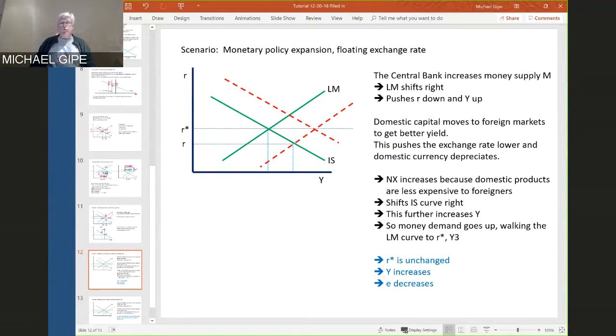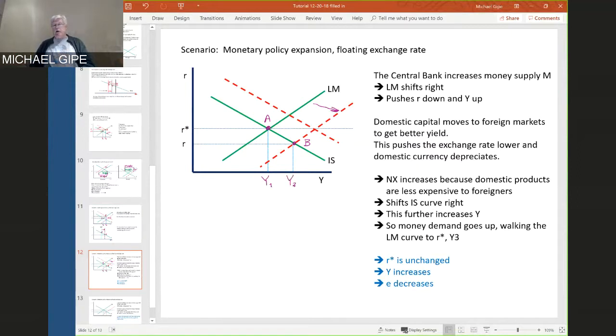That is, the central bank will increase the money supply, M, and as we saw before, the LM curve shifts to the right. That would tend to push R down, so we would move from where we started here in equilibrium down to point B, some new lower interest rate and a higher output, from Y1 to Y2.